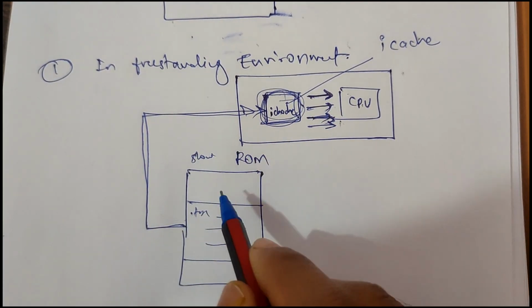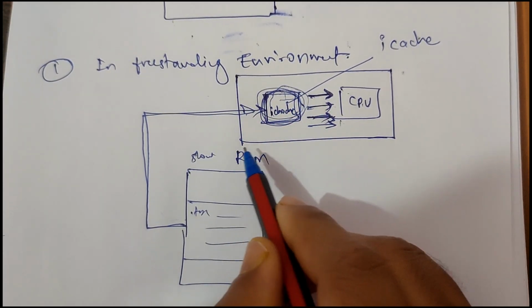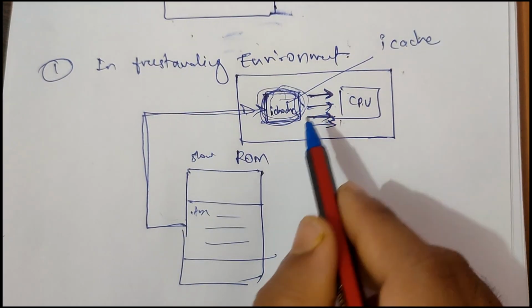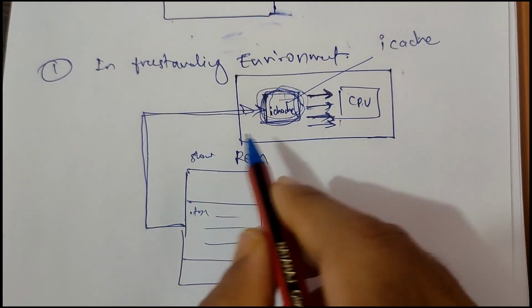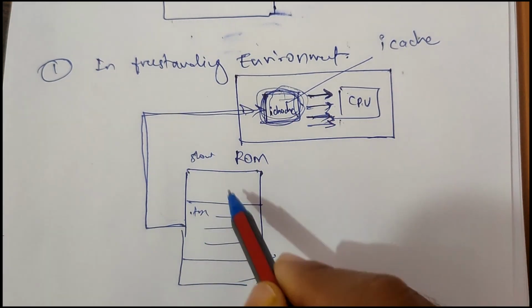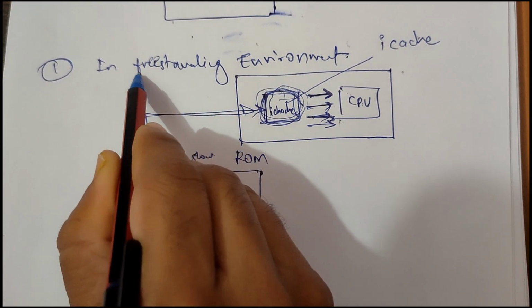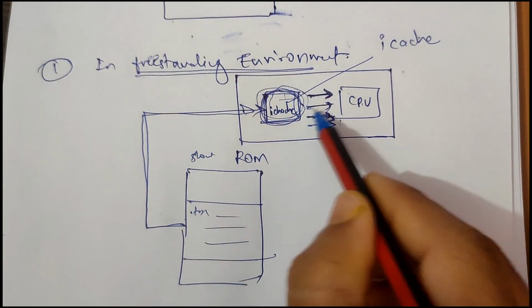So using a cache, the slowness of ROM in terms of getting instructions can be dealt with. Just now we understood how we deal with the slowness of ROM in a freestanding environment. I am again saying freestanding environment, it's important, by using a cache, iCache.